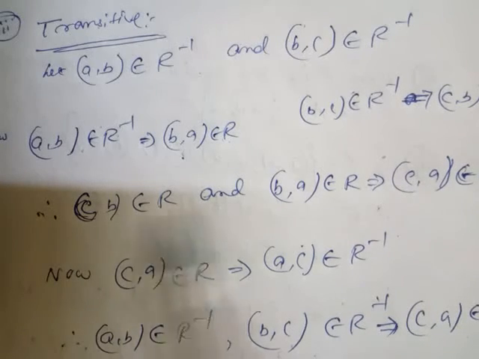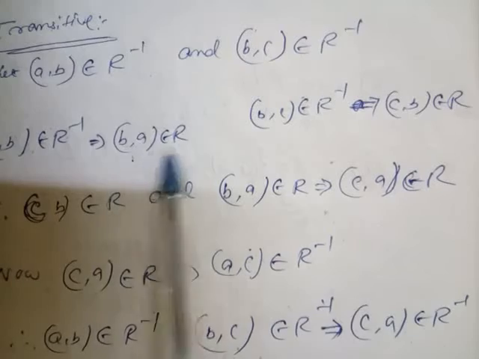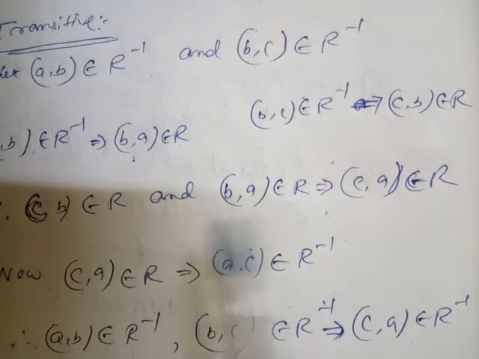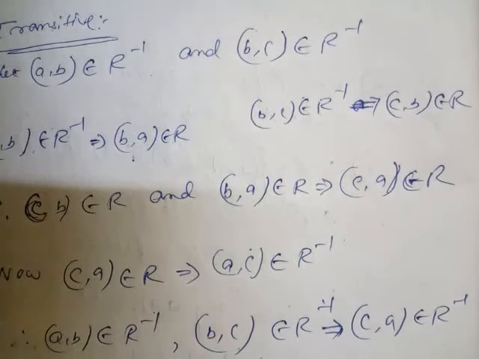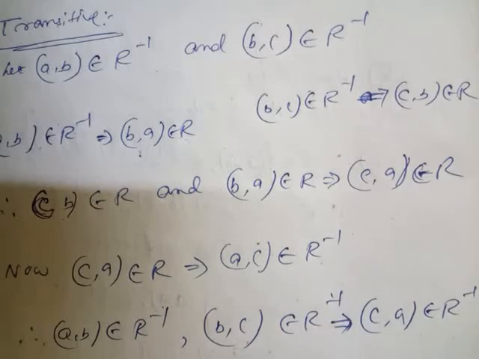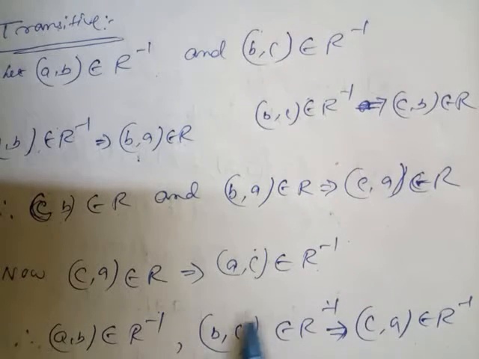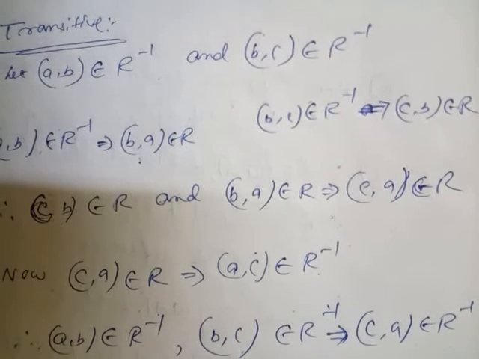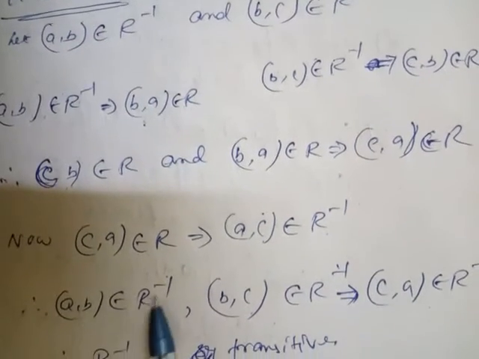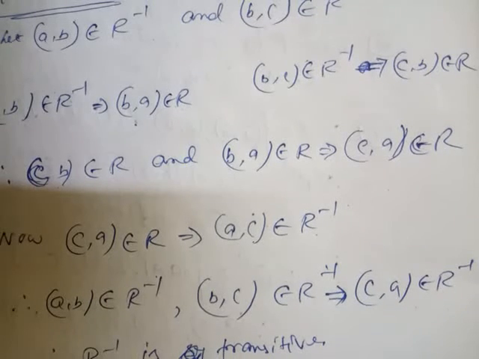Look student, now if (c, b) belongs to R and (b, a) belongs to R, which means b and b cancel, so (c, a) belongs to R. Now look, if (c, a) belongs to R, then (a, c) belongs to R inverse. So student, (a, b) belongs to R inverse, (b, c) belongs to R inverse, and here also (a, c) belongs to R inverse. So all these elements belong to R inverse, which means R inverse is transitive.